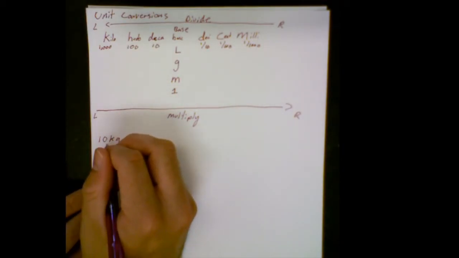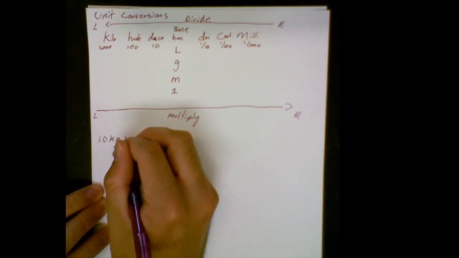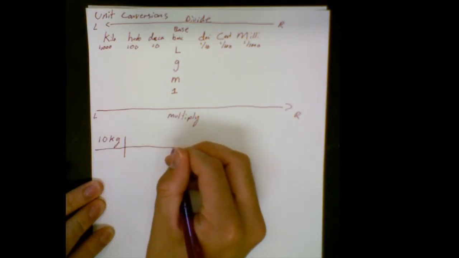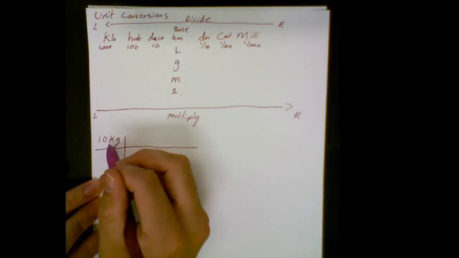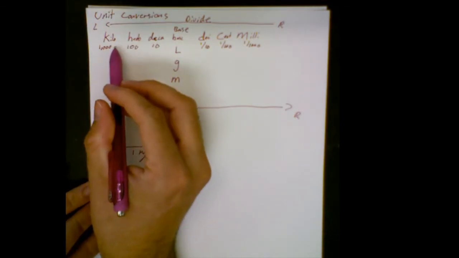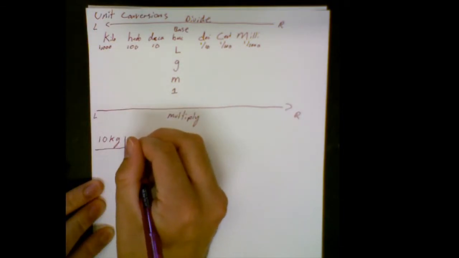So you have 10 kilograms. You set it up like this. You make a line that continues all the way across. And so you say, I have 10 kilograms. For every 1 kilogram, I know that there are 1,000 grams.